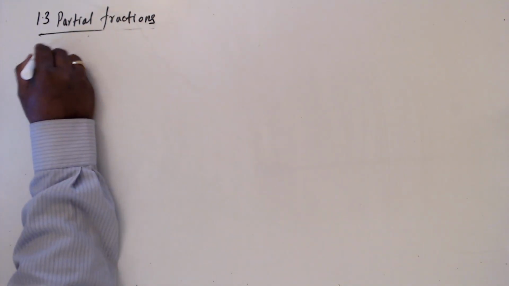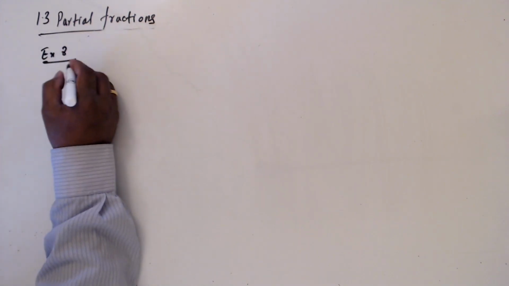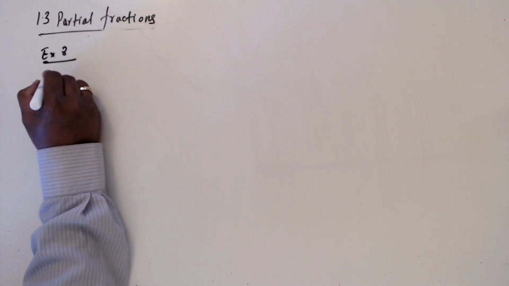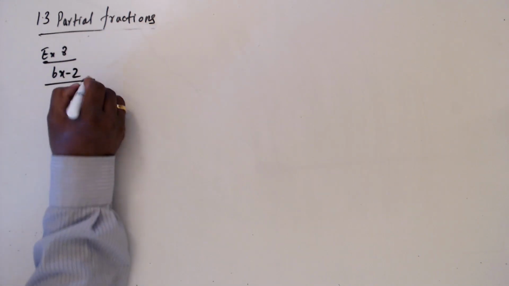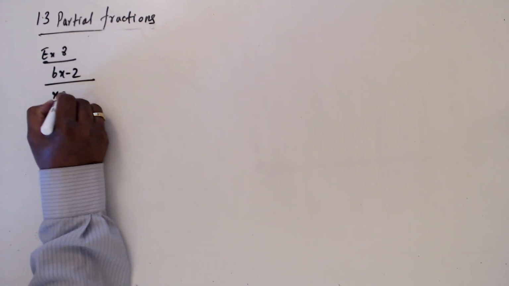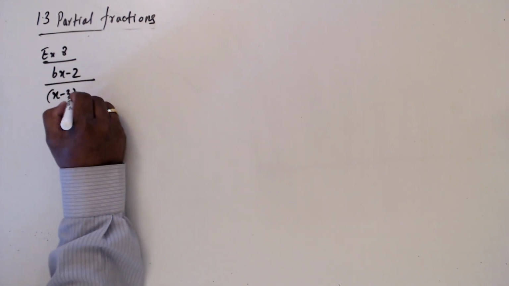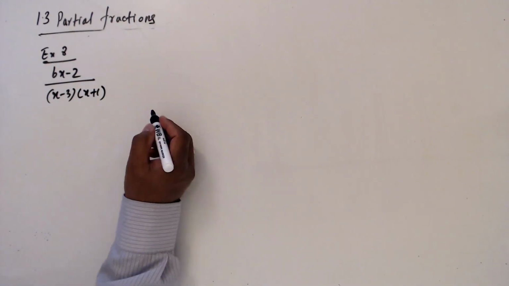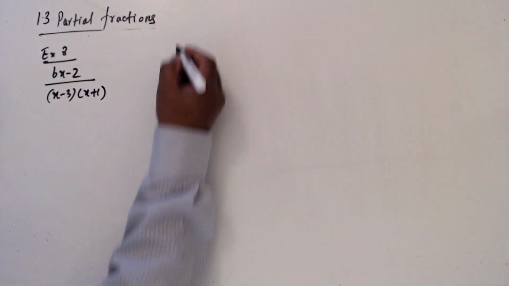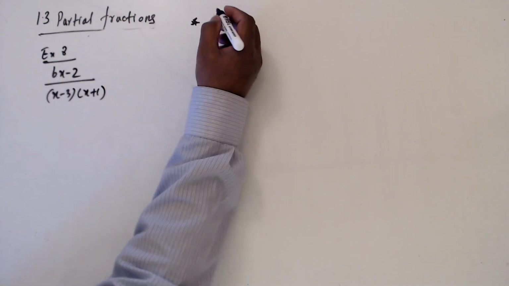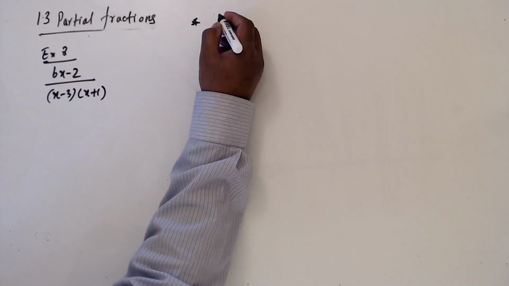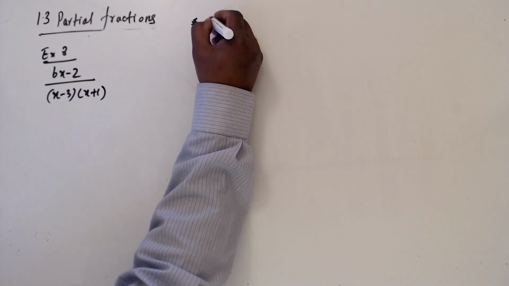We'll discuss example 8, that is 6x minus 2 over (x minus 3)(x plus 1). There are two methods: one is substitution, the other is equating coefficients.